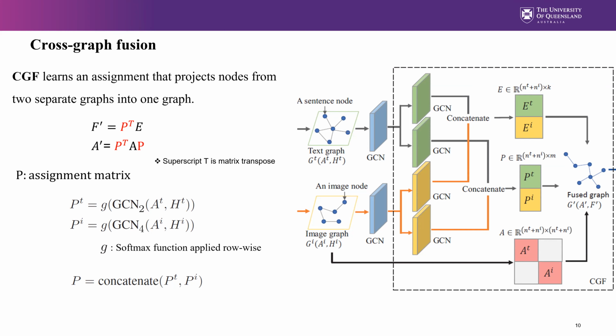Like in a piece of news, there should be several images, and each image is treated as one image node.